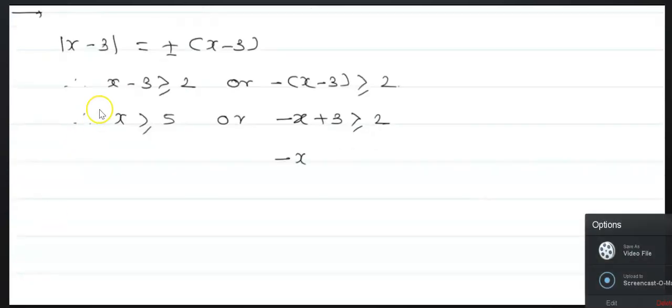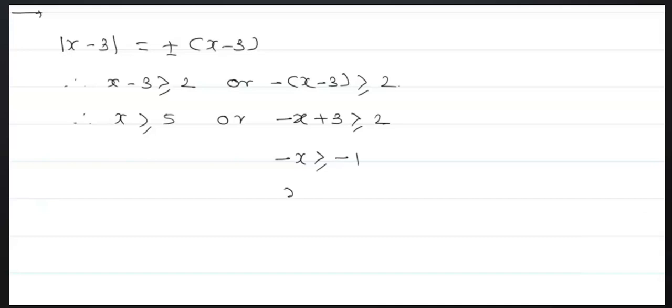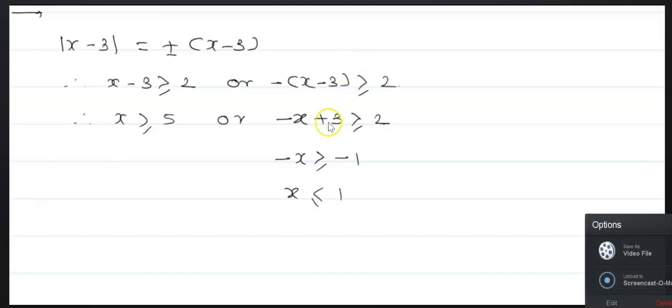Now solve this: add 3 on both sides, and again subtract 3 on both sides, minus x is greater than or equal to -1. The sign will reverse if we change it, that is, x is less than or equal to 1.